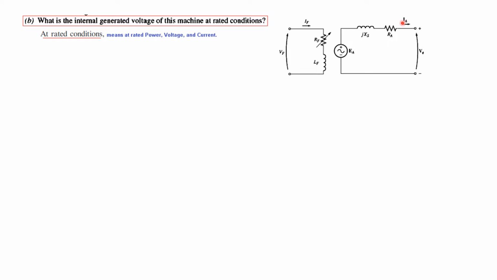So we have to find this current, and we have to find the phase voltage. For ease, we are considering only one phase, and this is the same data that is given.